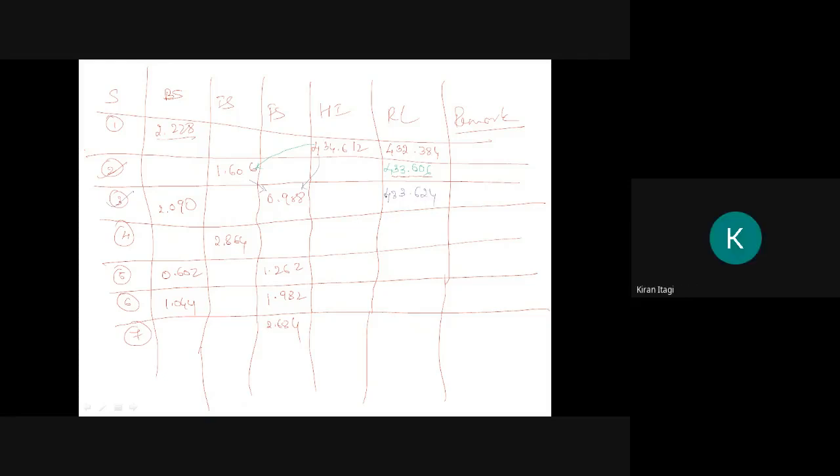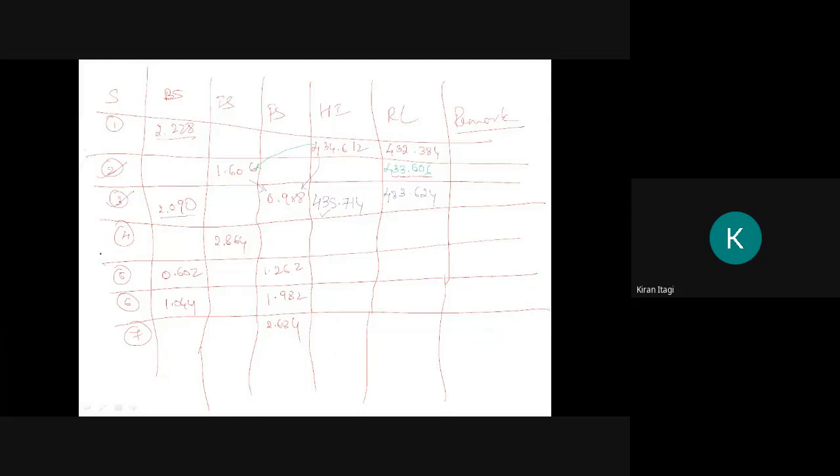Now, see, we have got the RL here. Now, the next reading is what? Backsight. So here we want to determine the height of the instrument. How will we determine it? That is RL plus backsight. That is 433.624 plus 2.090. So we are getting 435.714. We have got the height of the instrument.